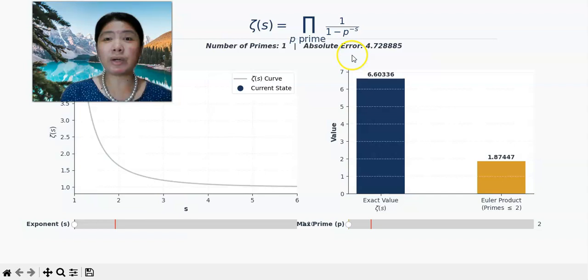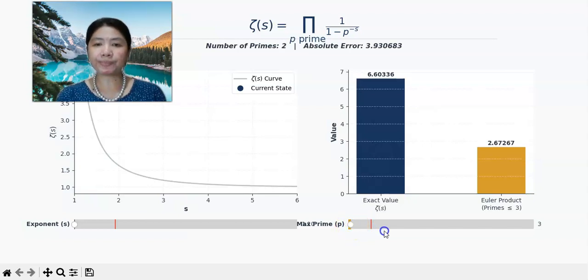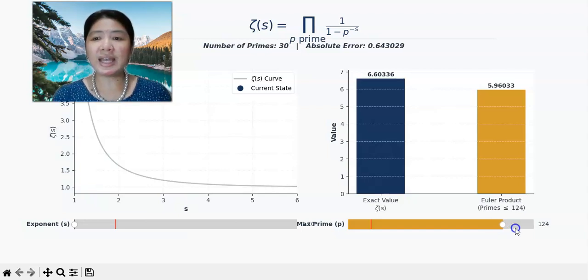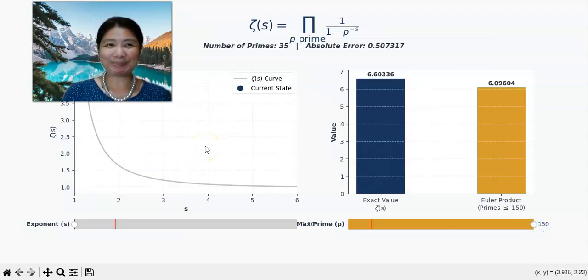See, the absolute error is 4.7. What's happening here? We are not able to key in a lot of prime numbers. But as we increase the number of primes in our Euler product, the absolute error decreases and the value of the Euler product becomes approximately equal to the Riemann zeta function value.